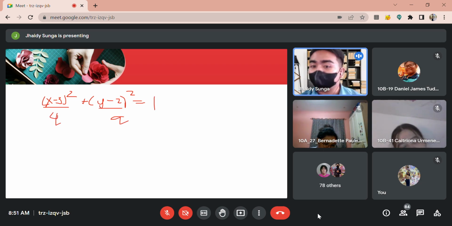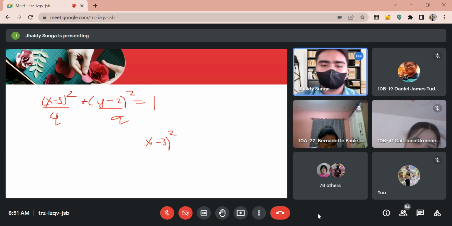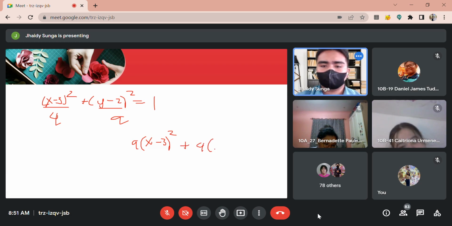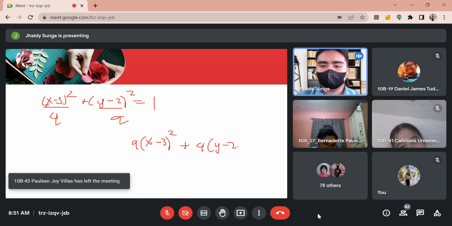That's the standard form. But if it will be general form already, let's say this is 9 times x minus 3 squared plus 4 times y minus 2 squared is equal to 36.